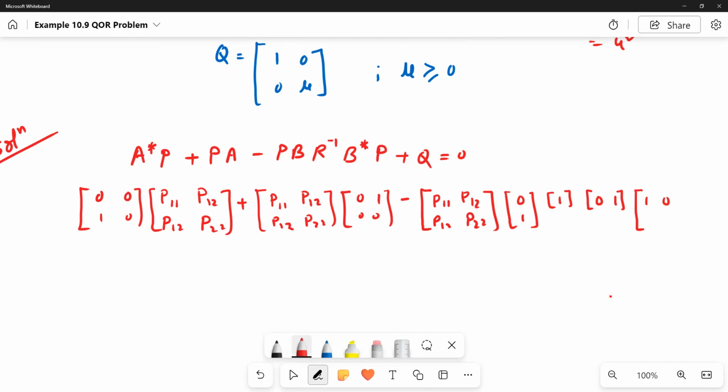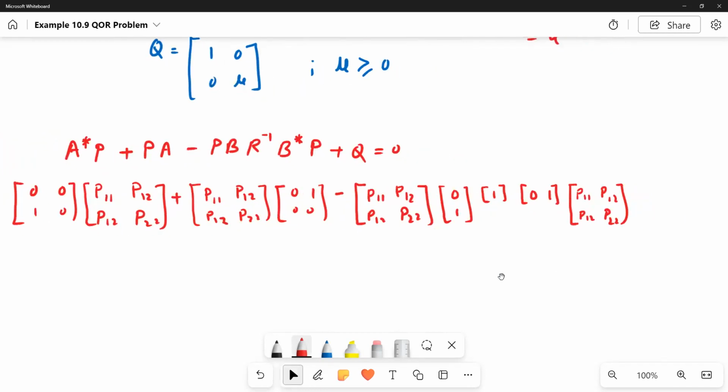Sorry, P11, P12, P12. Finally, you will have your Q matrix. Q matrix is given, so 1, 0, 0, and that should be equal to 0.